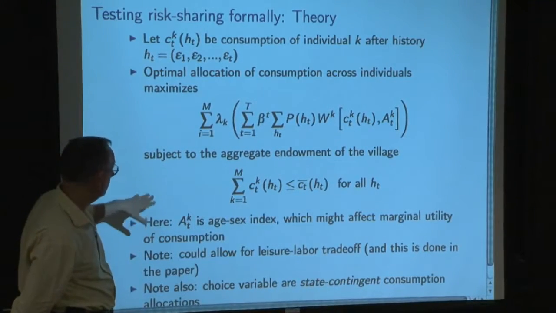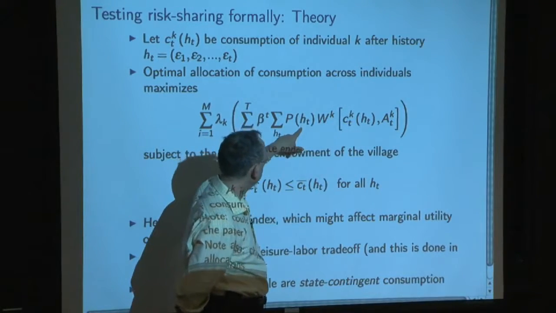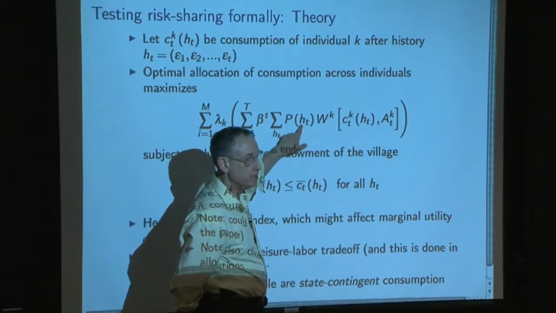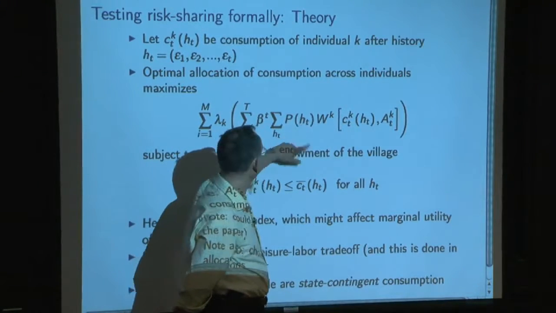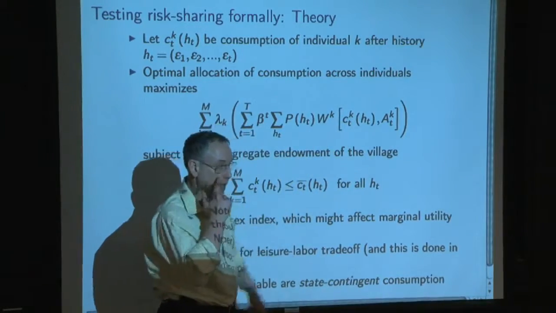These states of the world are not just the contemporaneous realization of all the shocks. It's the entire history from the initial date out to that, like the branches of a tree.